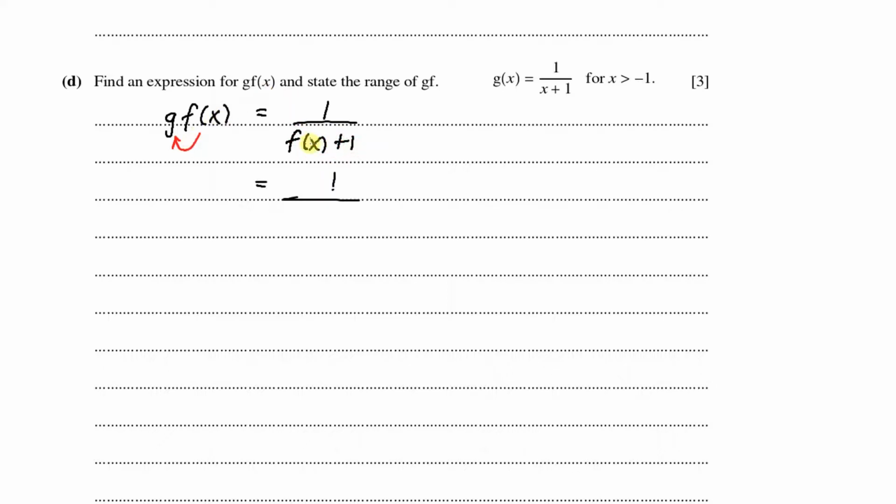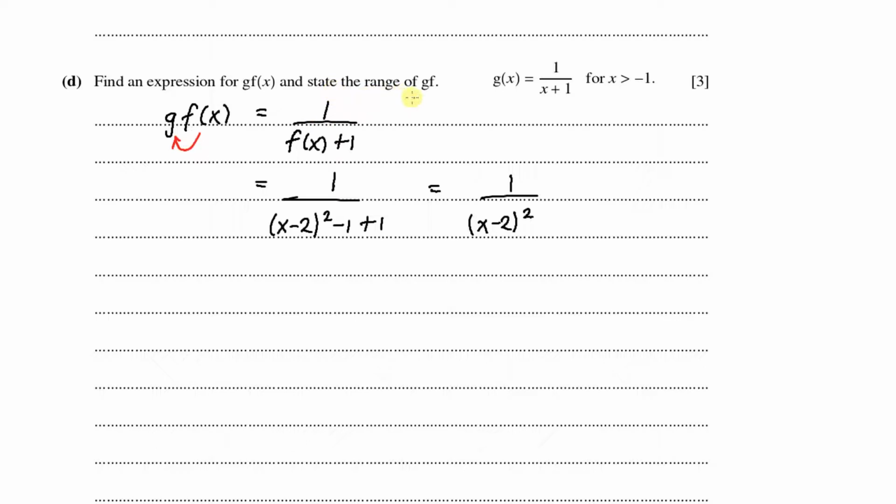And f of x in completed square form, we got it as x minus 2 squared minus 1, and that will be plus 1. So we can simplify this to 1 over x minus 2 squared, and minus 1 plus 1 is 0. So g of f of x is 1 over x minus 2 all squared.